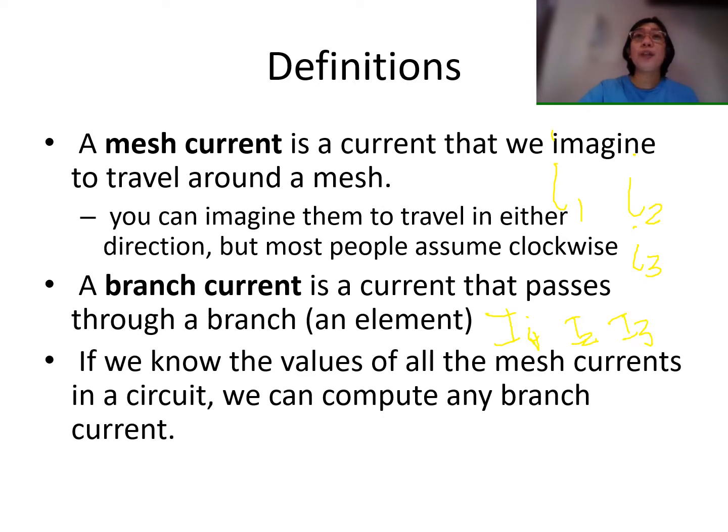This is just to differentiate the two, but if we're just dealing with mesh currents, it's okay. This is just so you are not confused whether you're solving for the mesh currents or the branch currents.